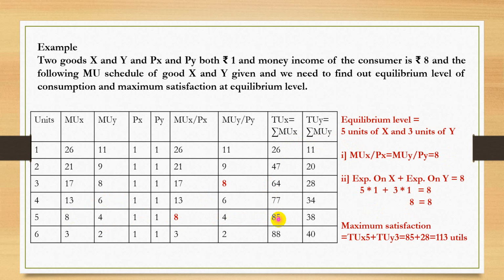And TUY of 3 is 28. So 85 plus 28 is equal to 113 utils will be the maximum satisfaction. So in this way we need to find out the consumer equilibrium when the consumer is consuming 2 goods.